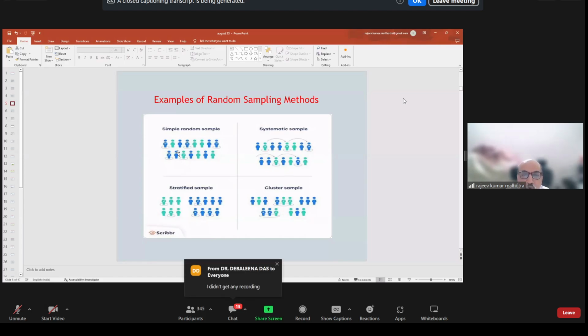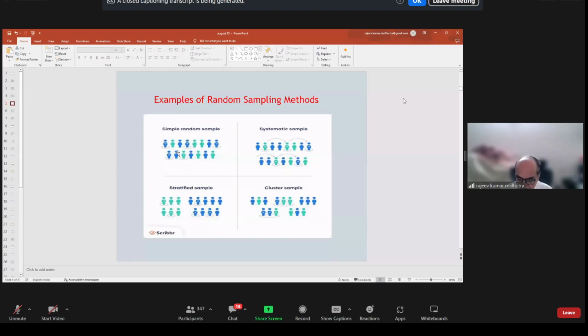In stratified, we divide into homogeneous groups, but in cluster sampling we are not dividing into homogeneous groups, we are dividing into clusters. And then we randomly select the clusters, and after that in each cluster we take either a random sample or we include all the subjects in that.